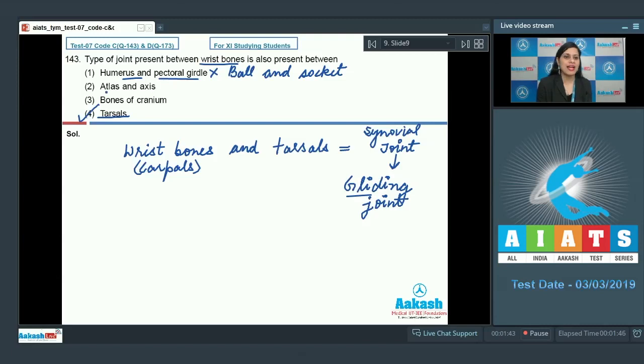The next option, atlas and axis, is incorrect because a pivot joint is present between atlas and axis vertebrae. And the next option, bones of cranium, is incorrect because a fibrous joint rather than a synovial joint is present between bones of cranium. So the correct answer to this question is option number 4. Let's discuss our next question.